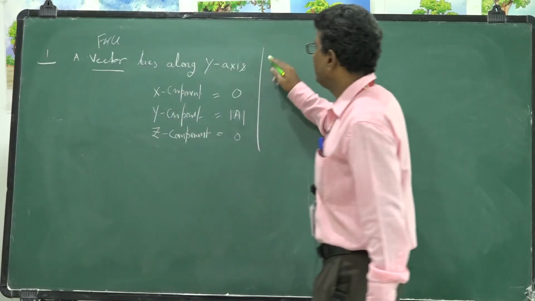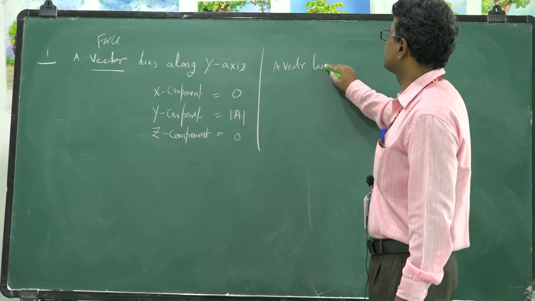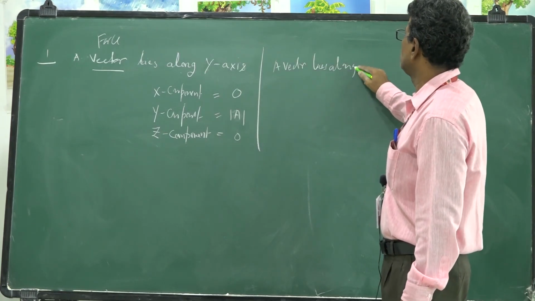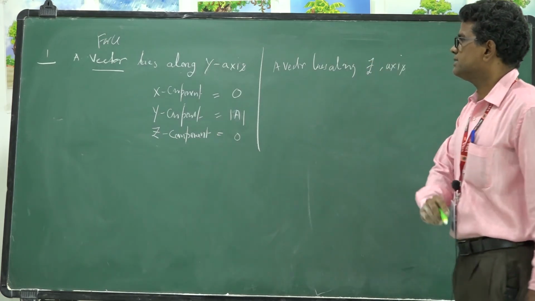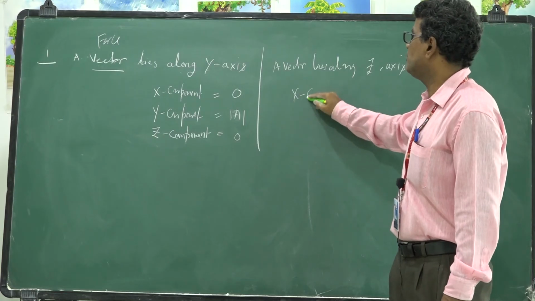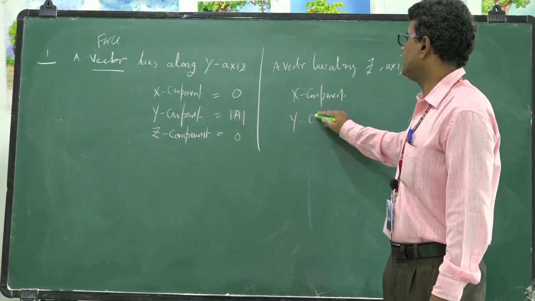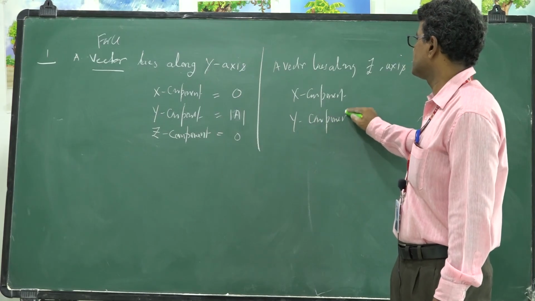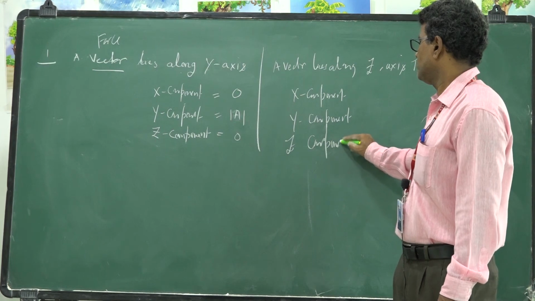Similarly, if a vector lies along z axis, then what is its x component? What is its y component? I want this z component. Can you say?